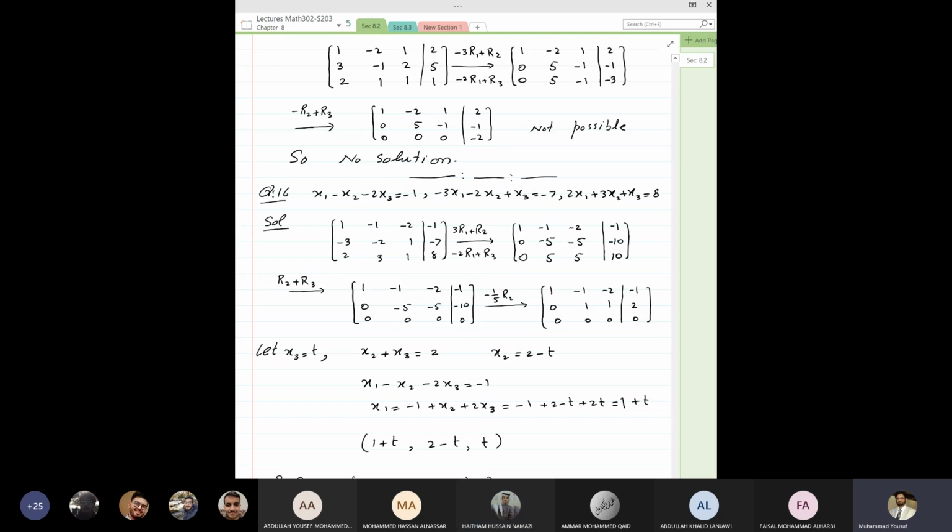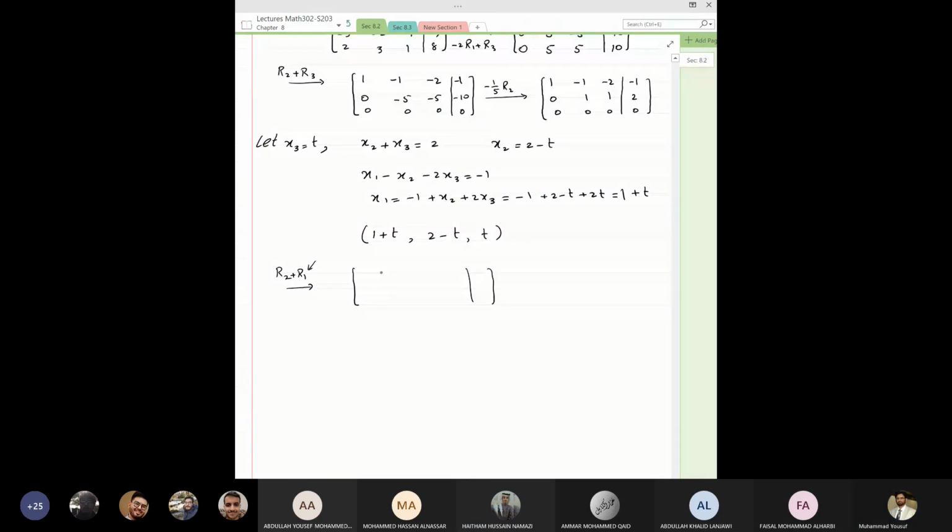And if you do that, you are using R2 and changing R1, because the change will be here. So 0, 1, 1, 2, 0, 0, 0, 0, 1, 0 plus 1 is 1, 1 minus 1 is 0, and -1 and 1.